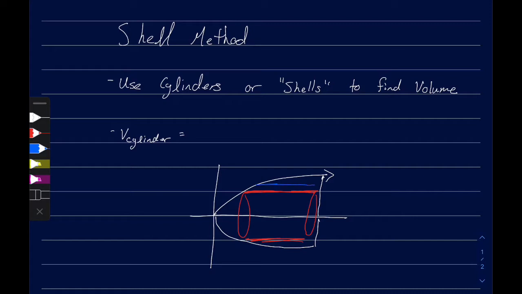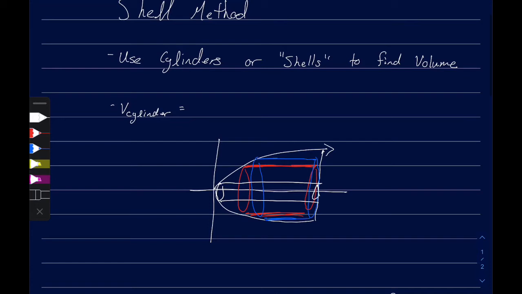So we'll have, say, this cylinder, maybe another cylinder here, and when we add all of these cylinders up, we will get the volume of the solid that we're looking for.